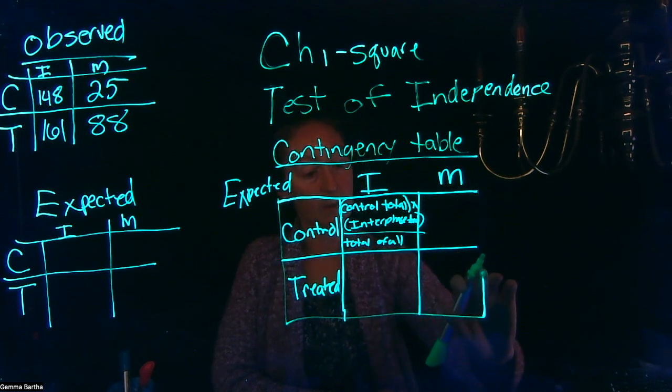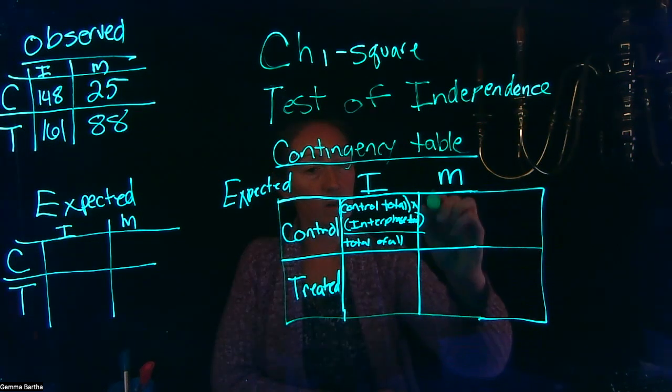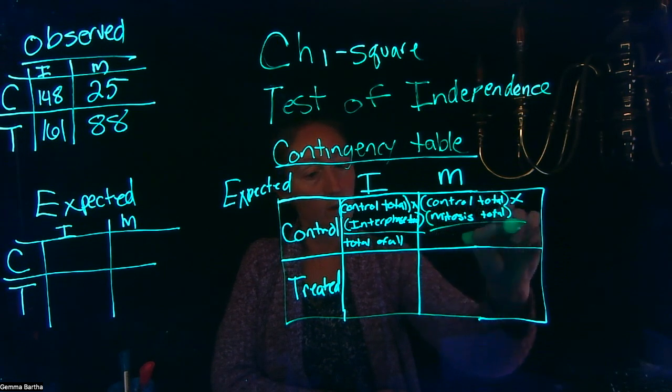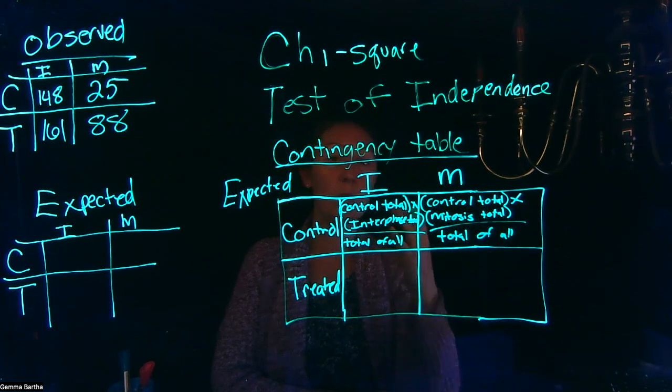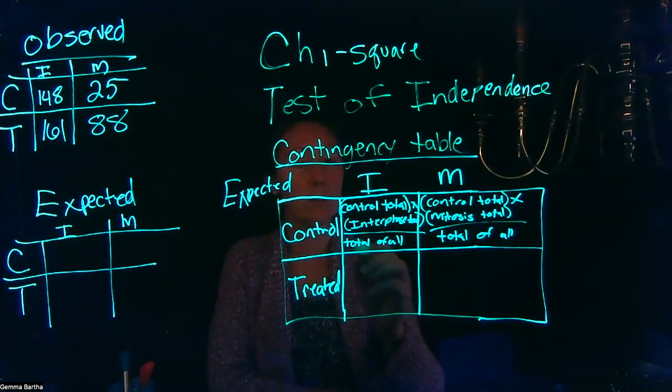So I could probably make this a little bit bigger so I can fit all those words in. So control total times your mitosis total over total of all. Now, if you were ever to want to figure out a chi-square test of independence, the contingency table would always be given to you. It's not something that you would have to ever memorize.